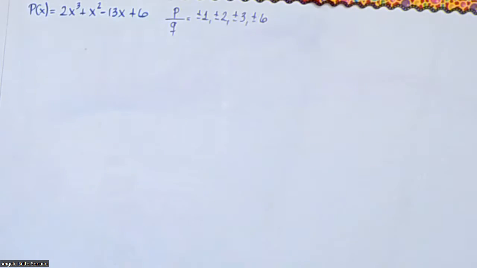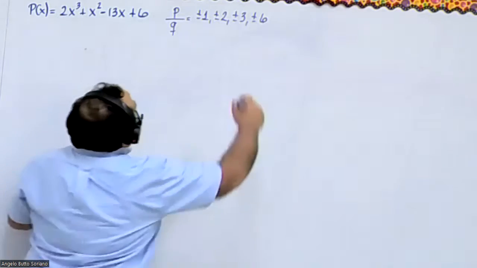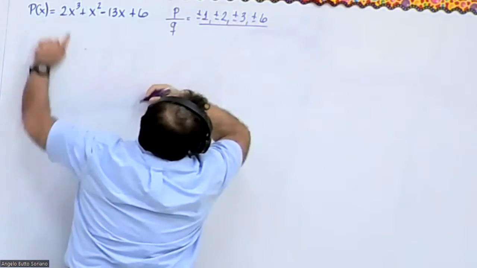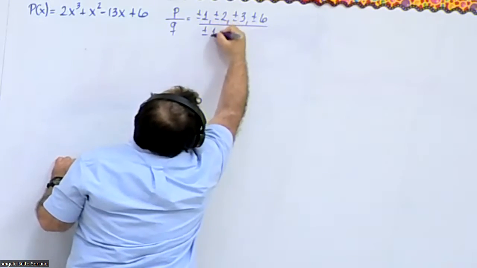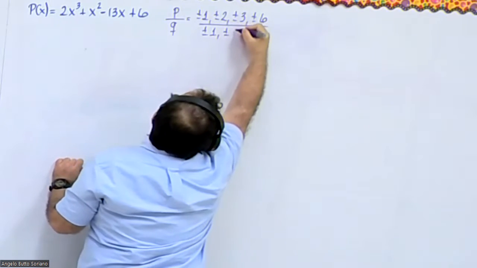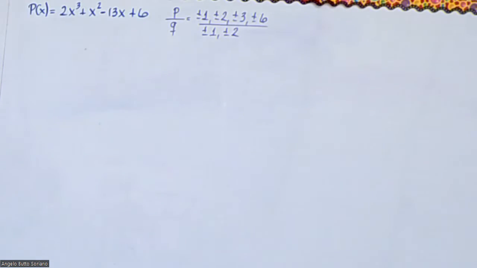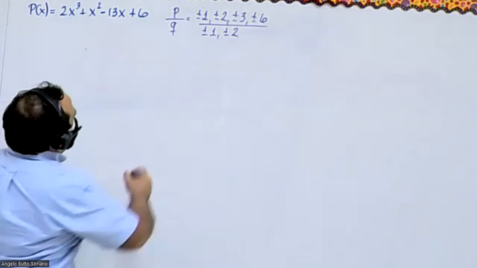This is going to be the p factors over the q factors. What are the q factors? The multiples of the number 2, positive and negative 1 and 2.